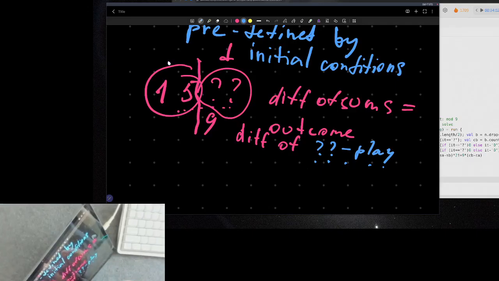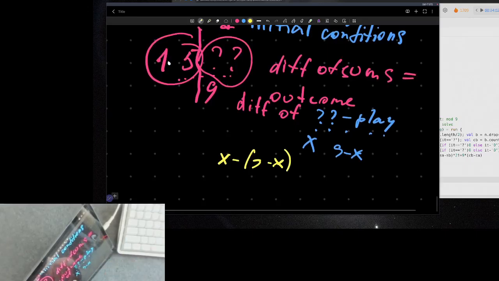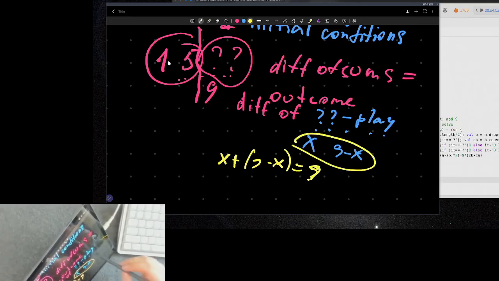So if Alice plays X and Bob plays 9 minus X, that means the sum is X plus 9 minus X, oh sorry, this is sum, so it equals 9. Basically after each two steps we are doing plus 9 to the sum, so this is plus 9.